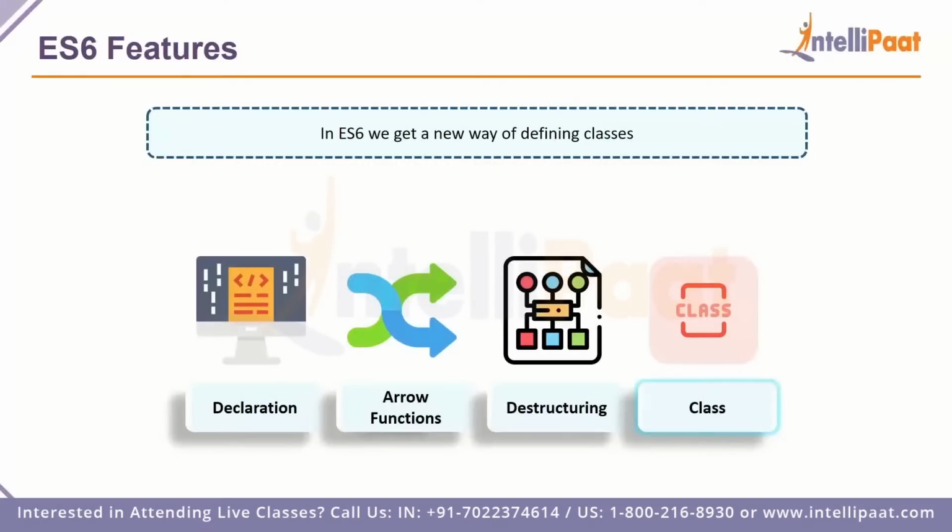Now let's take a look at the class keyword. In ES6, we get a new way of defining classes. As we have discussed earlier, in JavaScript, creating classes and objects is a little tricky because, unlike other languages such as Java and Python, which have their own way of creating a class. And if you learn how to create a class and create an object in one language, you can pretty much learn how to do that in other languages as well.